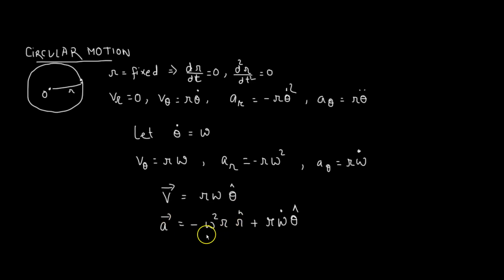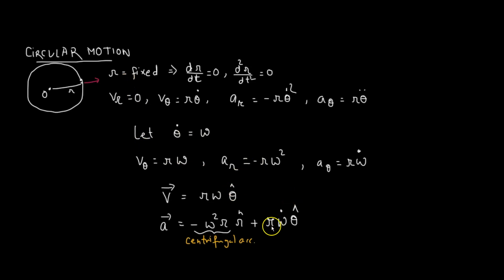Here we see that in the acceleration we have a radial part, which suggests that our particle also has an acceleration in the radial direction, which is outwards, and this is referred to as the centrifugal acceleration, which is always outwards.